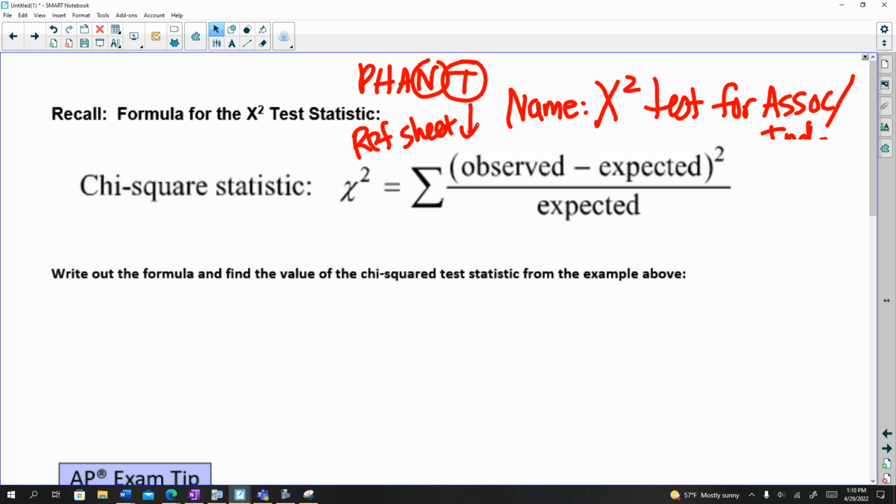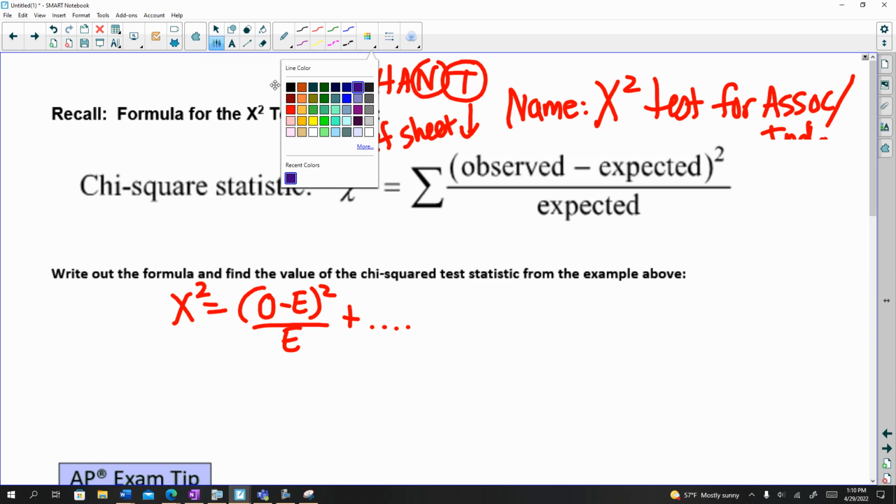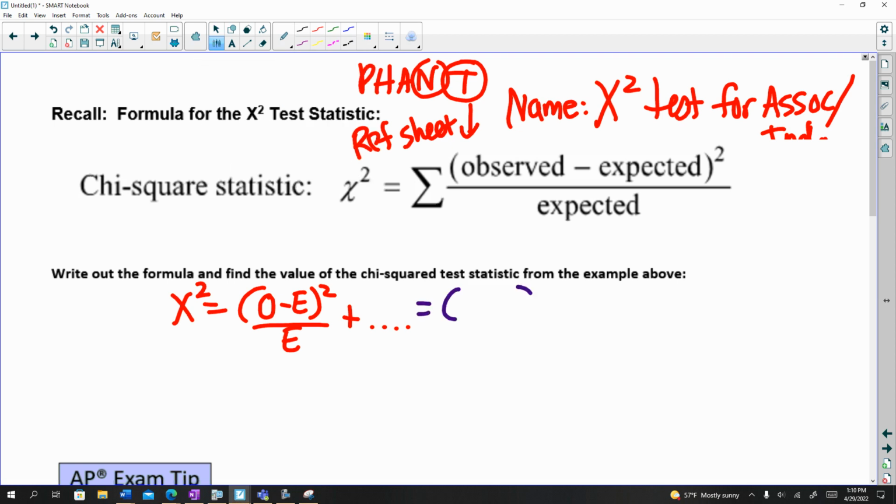Copy it down. So now what we're going to do is plug in some of our cells and just show a little work here. Okay. So you don't necessarily have to show all 9 cells because that's really annoying. So you could show the first one and then a dot, dot, dot, and the last one. Okay, so the first one, every time, we're going to do observed minus expected squared over expected. And then we're going to eventually add them all up. Observed minus expected squared over expected. So let's do our first one.